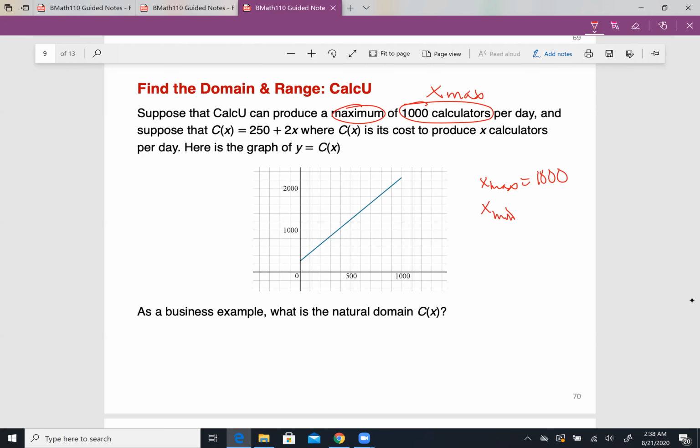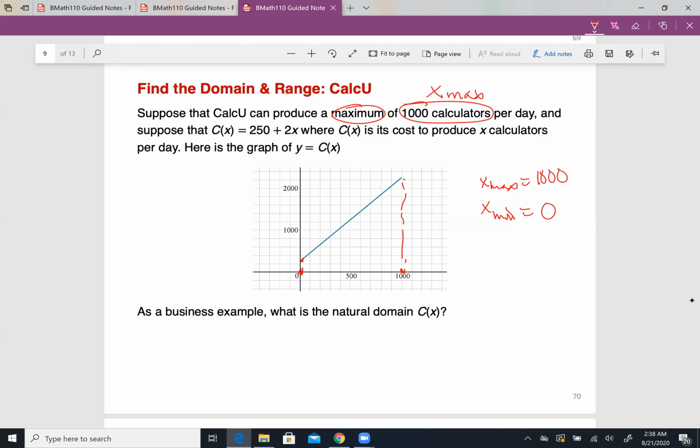You don't want a negative number, because this is a real line. You can also see from the graph, x max is here and x min is here, and x min equals 0.